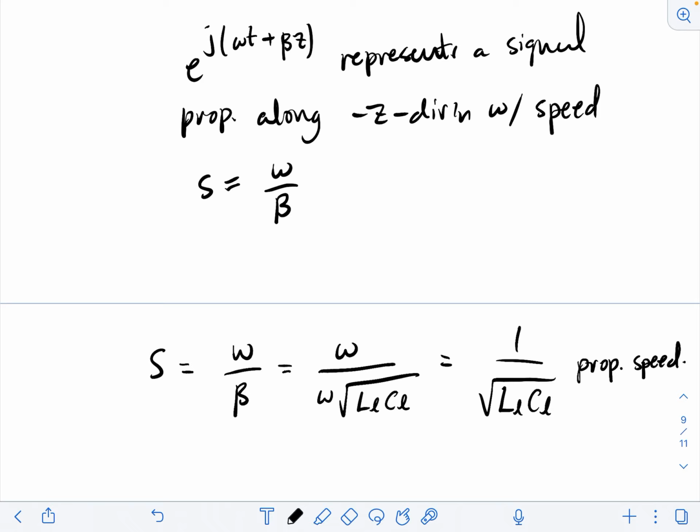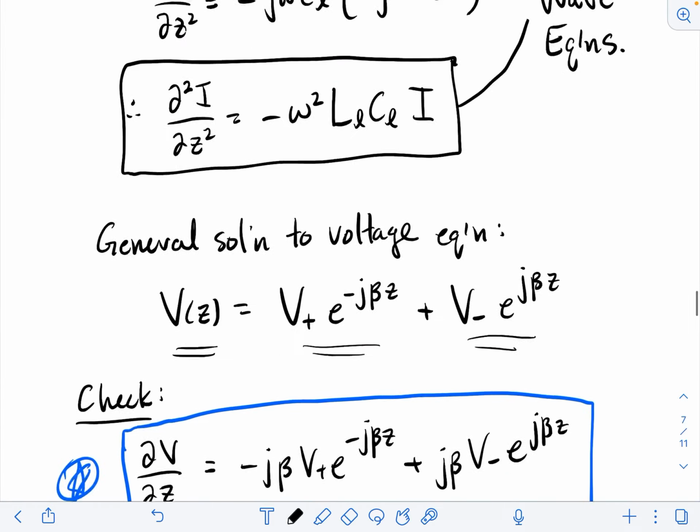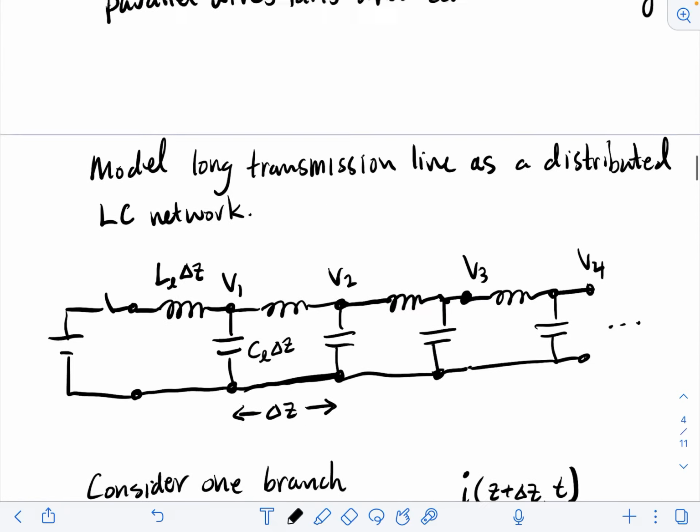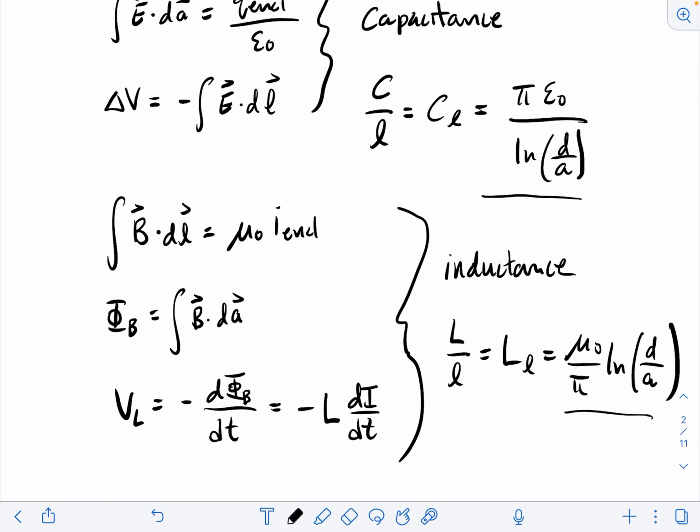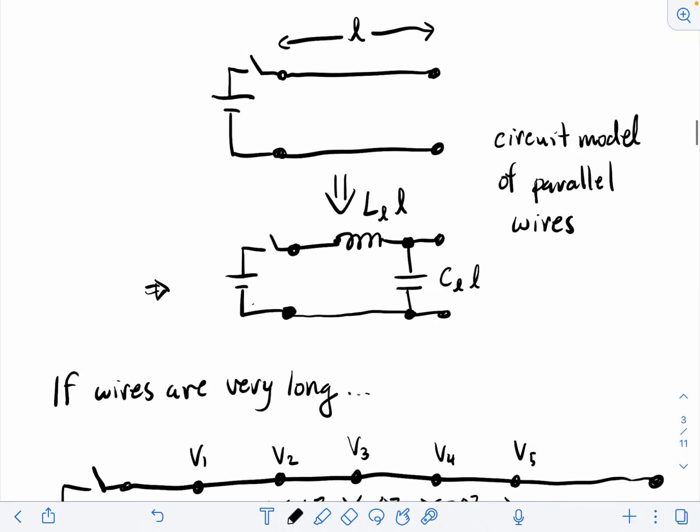In fact, let's go all the way back and look at that. So here's the capacitance per unit length and the inductance per unit length. So pi times epsilon naught divided by the ln of d over a, and then we have mu naught over pi times the ln of d over a. So let's put that in and see what happens for our propagation speed.